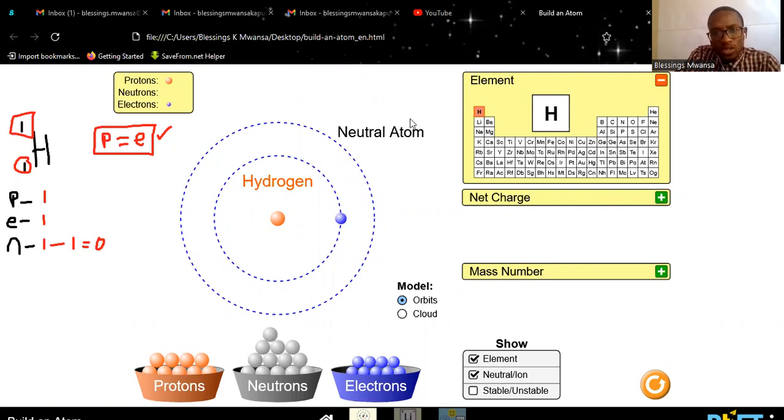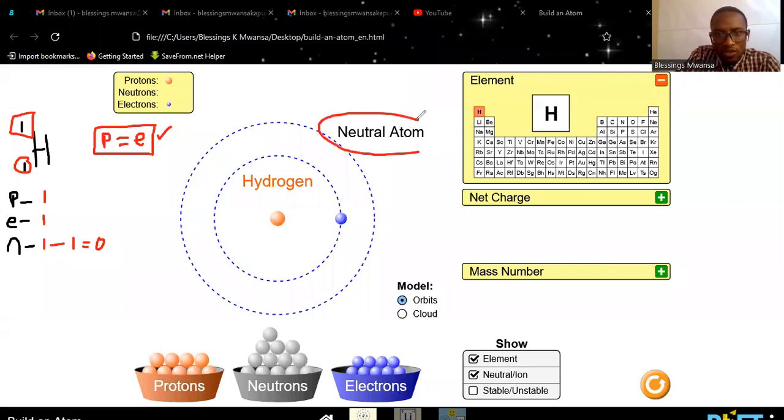So the system itself will recognize what I have built, and it will tell me that this is a neutral atom, because the proton number is equal to the electron number. And if I go on the periodic table, it is recognized there that this is an atom.